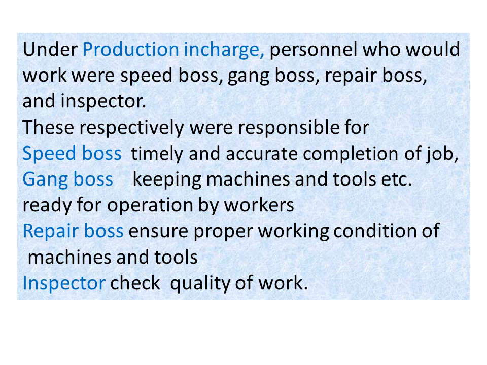Next, under the production in charge, again there are four bosses: speed boss, gang boss, repair boss, and inspector. The speed boss will observe that work is being done according to time, the time which was fixed by the time and cost clerk. The gang boss will keep arranging all the machines, because time will be saved if all the machines are in working order.